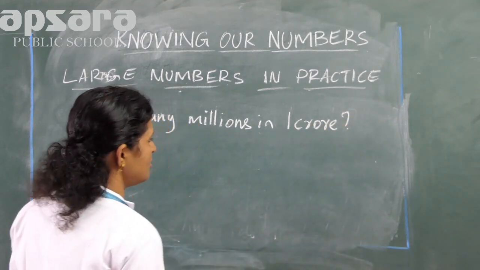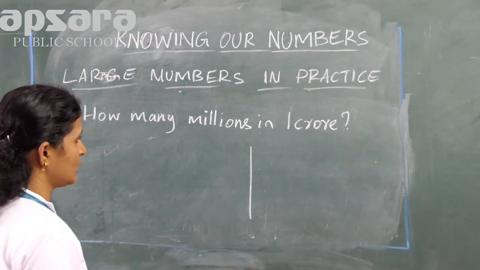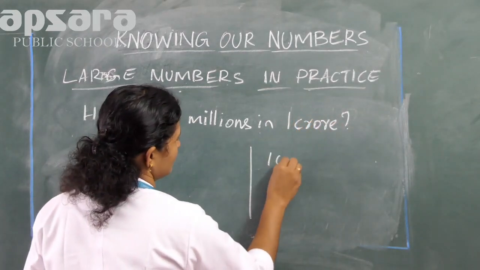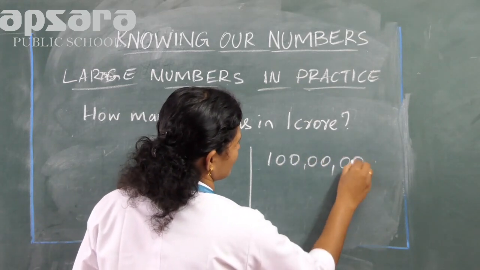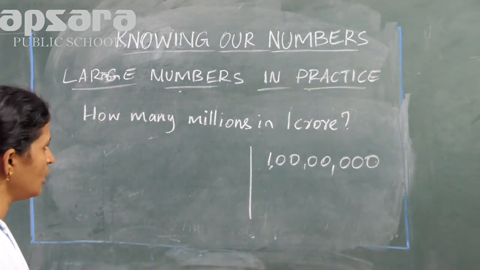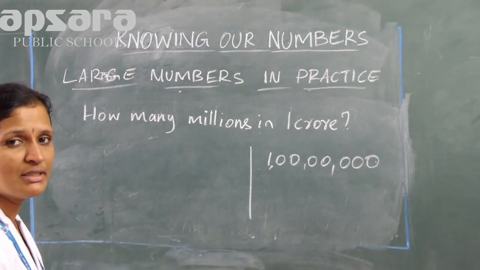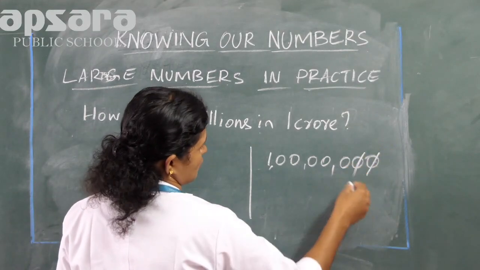So first of all, I told you to write that 1 crore in rough outside. So 7 zeros in 1 crore. Now how many zeros in million? 6 zeros in million, right? So cancel those 6 zeros from this.